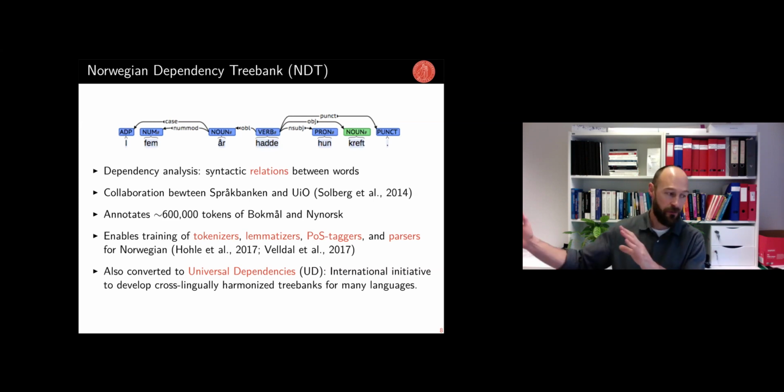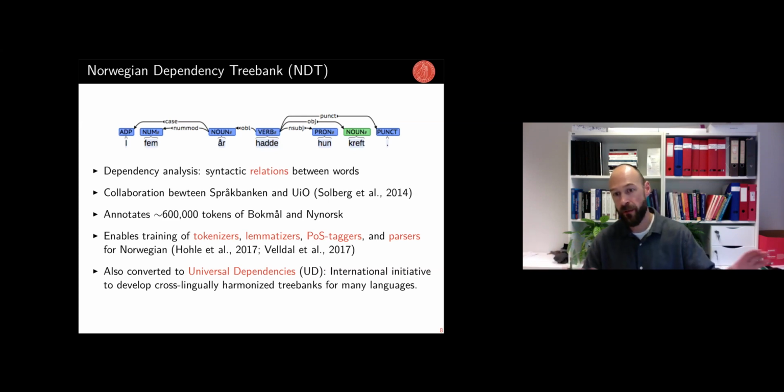So if you have a running stream of text, how should that text be split up into sentences? And how should those sentences be split up into word-like units, separated from punctuation and stuff like that? So that's what we call tokenization. It also encodes information about lemmas, so the base dictionary form of a given word, like for the word hadde in the example you see here, ha, to have, would be the base form.